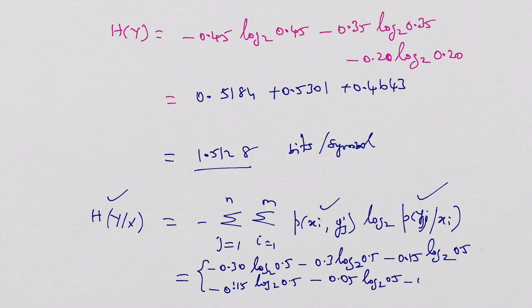Similarly, there would be 6 terms, correct? Because you can see in the transition probability matrix as well as in the joint probability matrix, there are 6 terms based on which this value is computed.